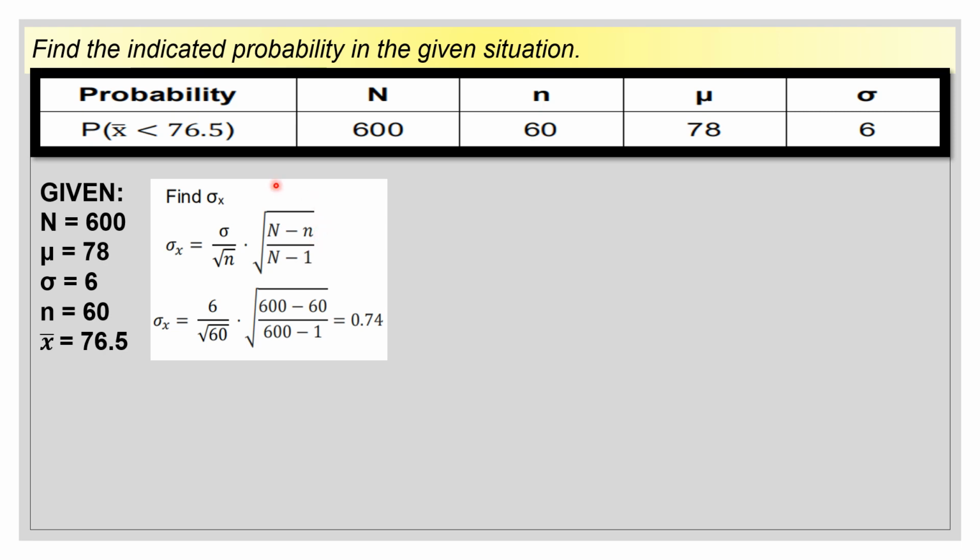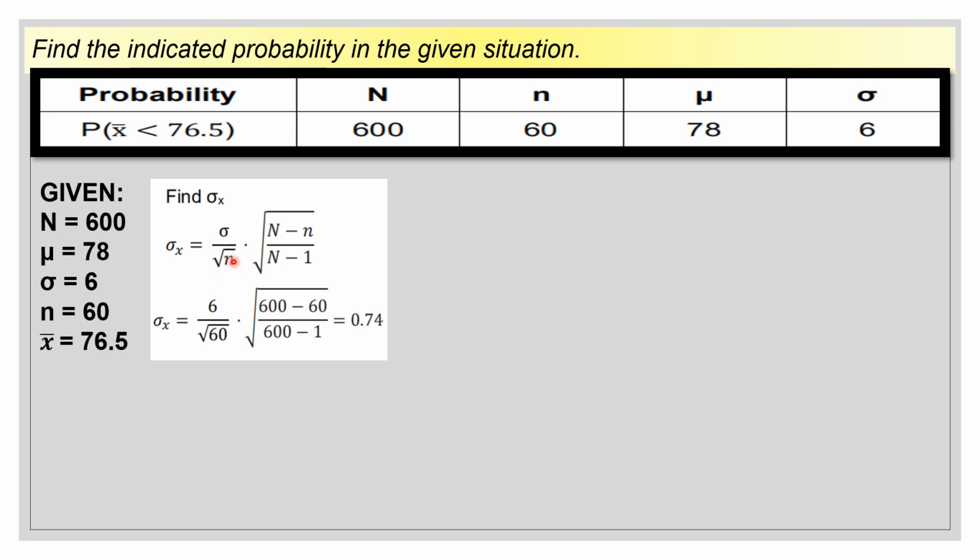So, bakit ito yung formula na gagamitin natin? Depende kasi kung yung given natin is infinite population o finite population. Kung infinite population, we will just use the formula sigma sub x is equal to sigma over square root of n.